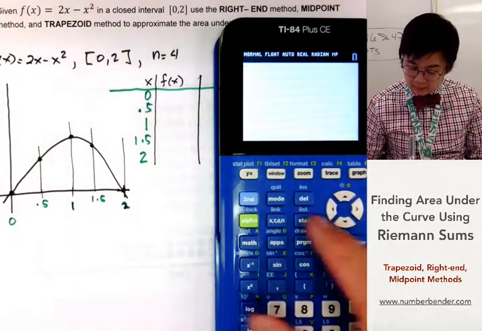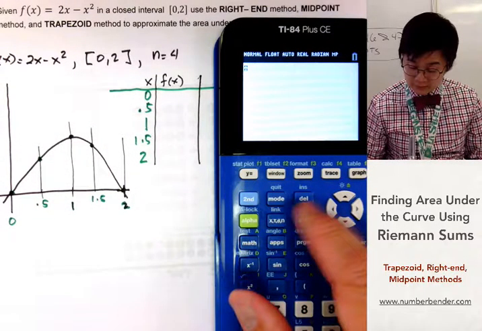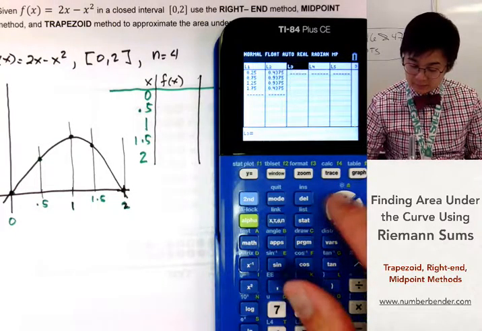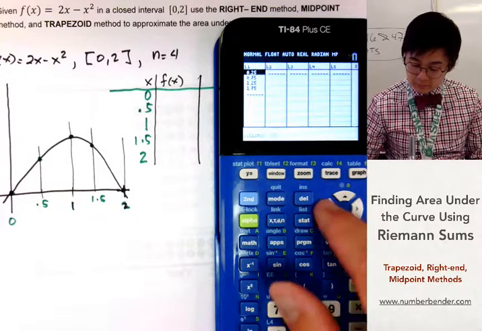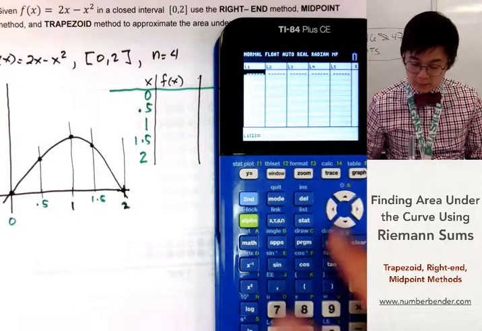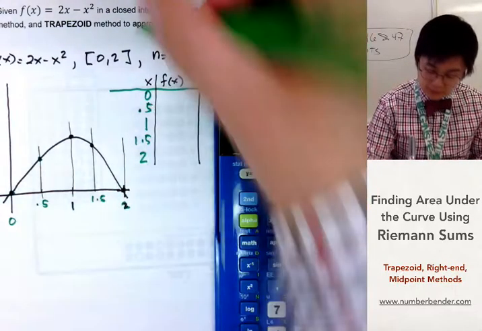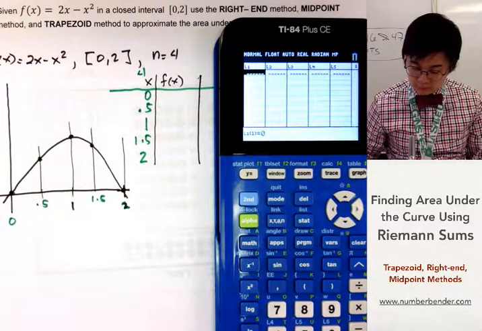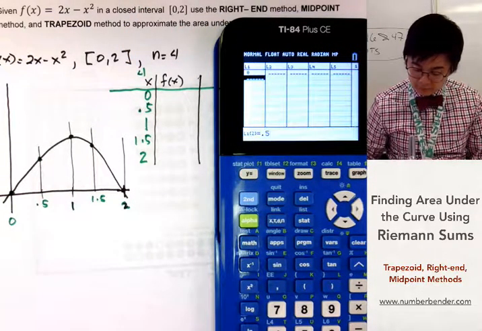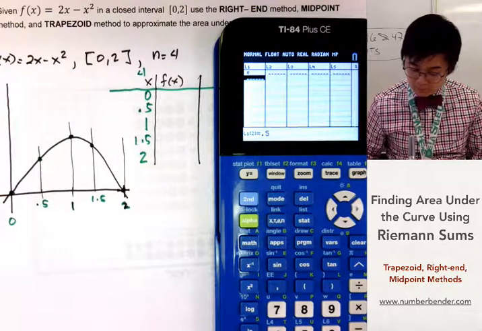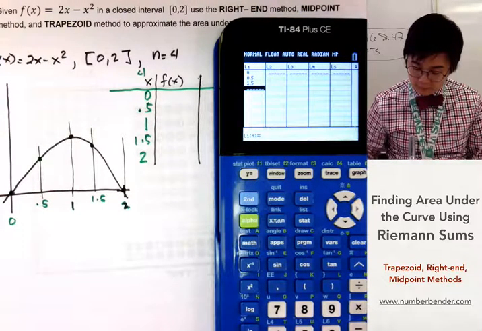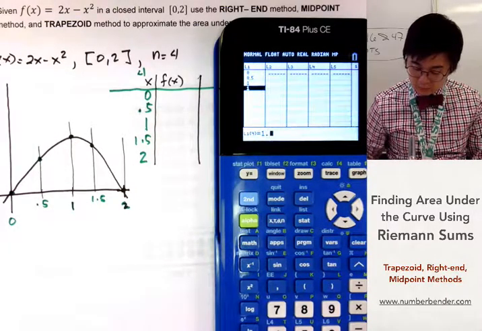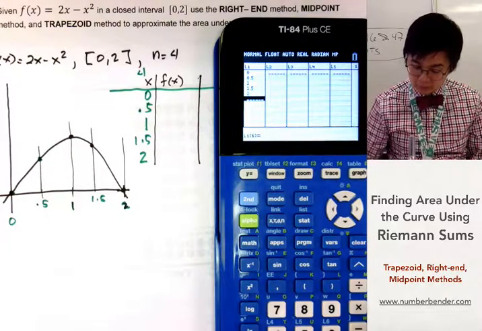So second stat or sa stat, go to edit at burahin natin siya isa-isa. So yung list 1 natin will be yung value ng x. So meron tayong 0, 0.5, I'm sorry, 1, 1.5, and then 2.